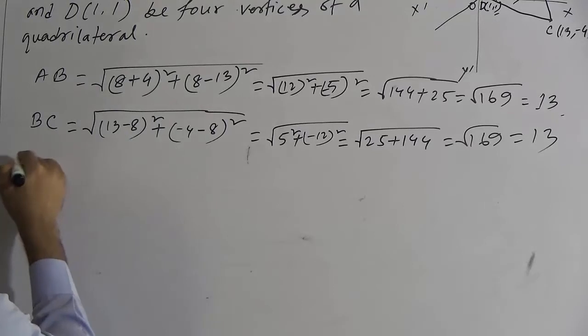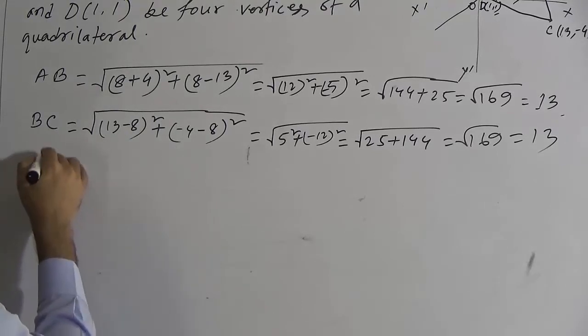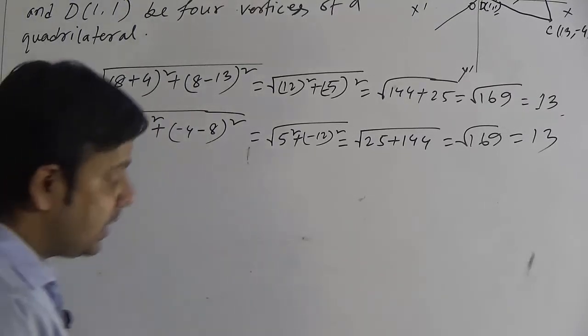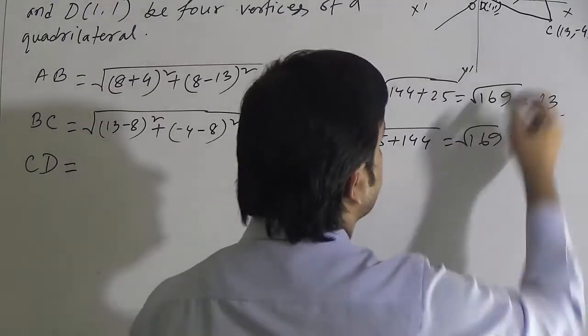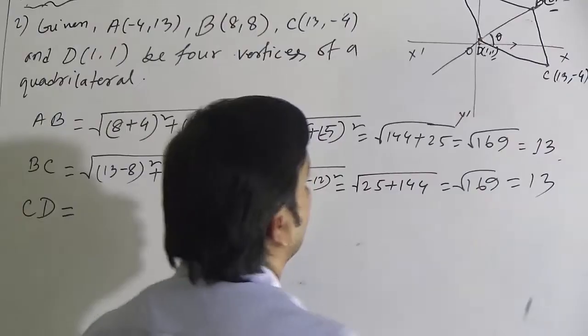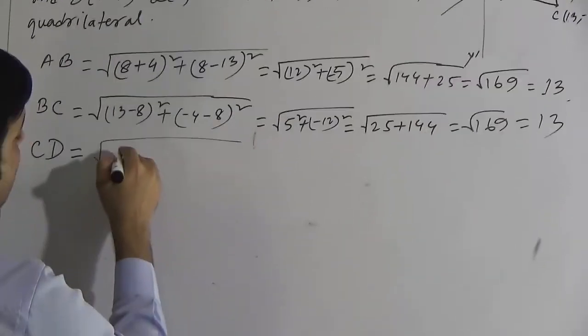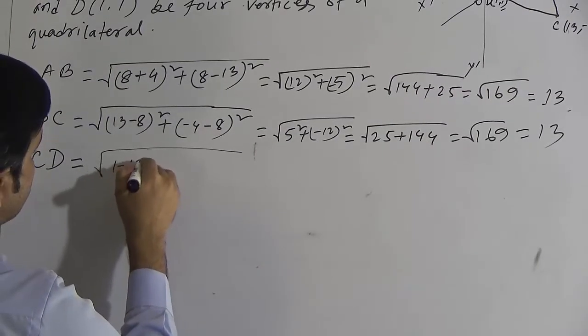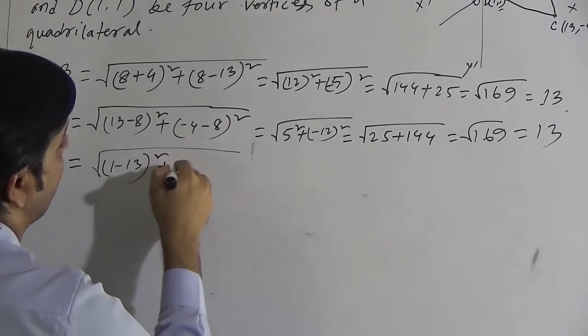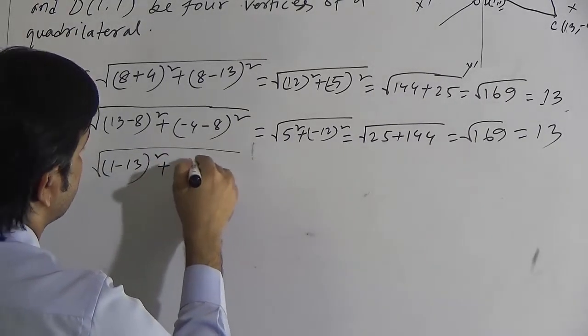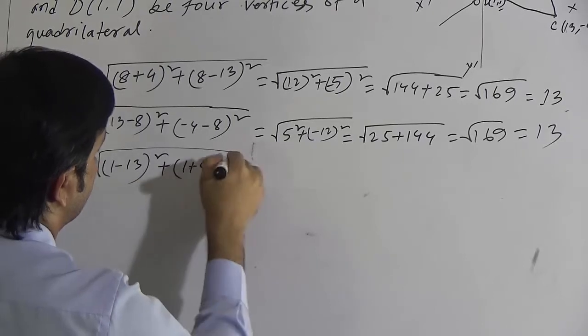Now we need to determine the length of CD. Here the length CD, if we apply the formula, will be 1 minus 13 whole square plus 1 minus minus 4, means plus 4, whole square.